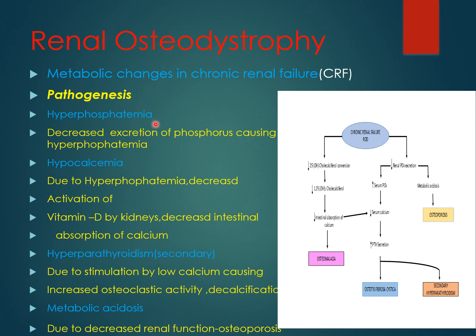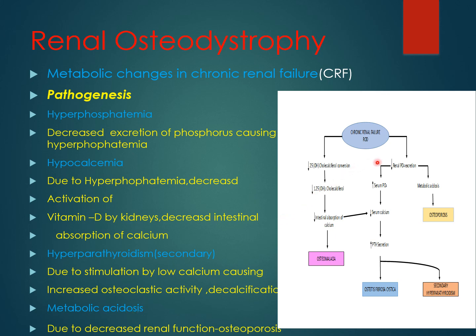There may be hyperphosphatemia and hypocalcemia in chronic kidney disease, and as a result of this, the vitamin D function is disturbed because kidney cannot activate vitamin D. So there will be hypocalcemia, and this will trigger secondary hyperparathyroidism with excessive mobilization of calcium and phosphorus from bone, and because of the renal failure there may be metabolic acidosis. This will further aggravate the situation.